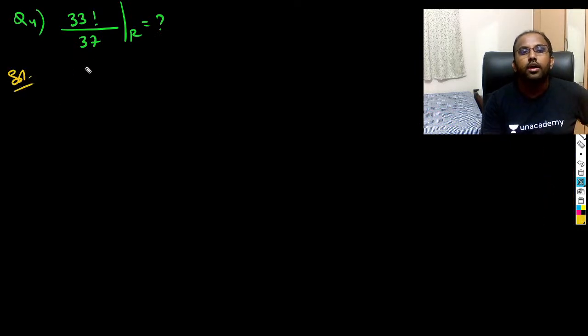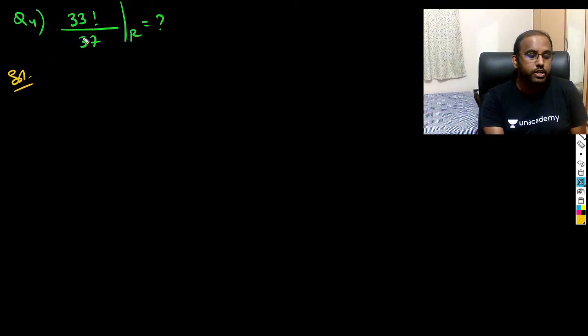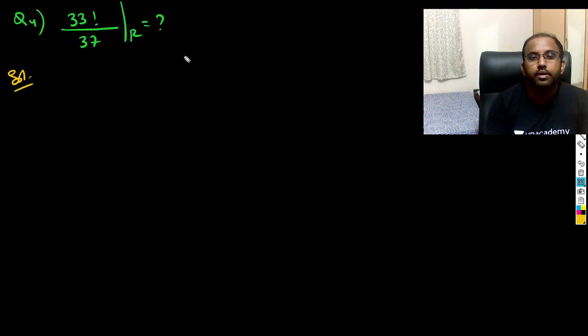Okay. So once you know this, this is an application of Wilson's remainder theorem actually, right? So what does Wilson's remainder theorem say? Wilson's has got 3 statements here. The first statement says that 36 factorial by 37, that remainder is equal to minus 1. Or I should write in terms of P, it will be better.